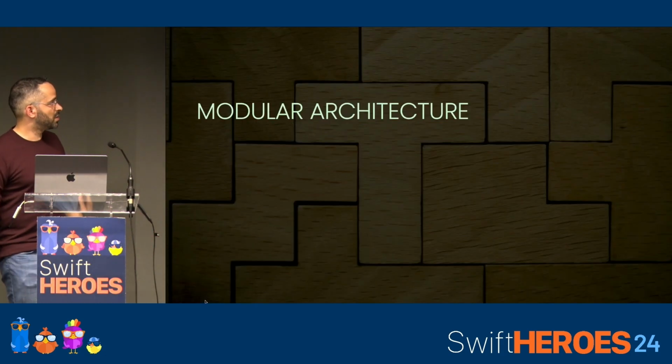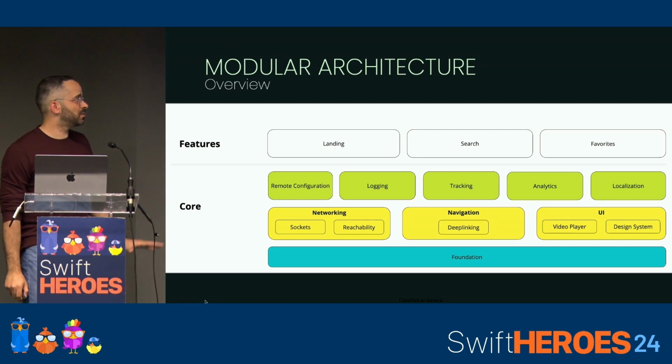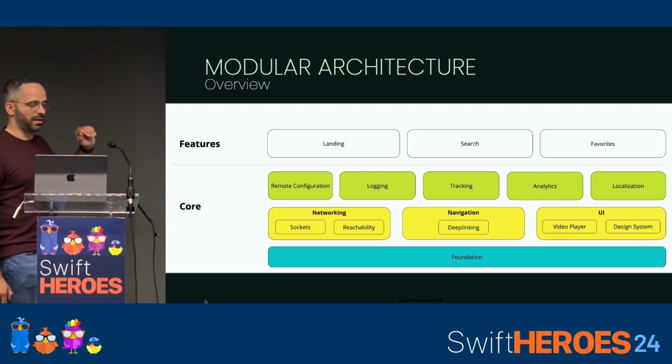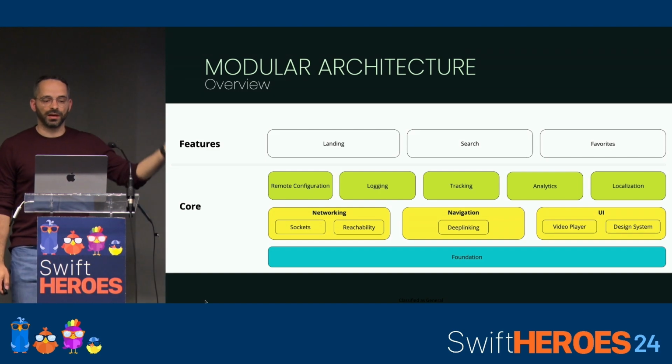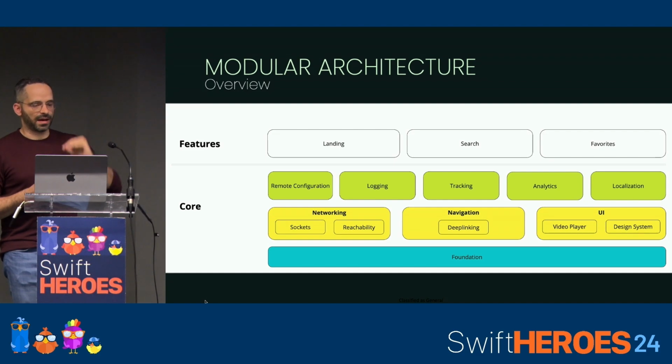So the main topic, modular architecture, this is what we were looking for, and pretty much what we got. We have at the very top level features, so a feature can be a search screen, a favorites, landing page, and on the lower level, we have the core stuff.